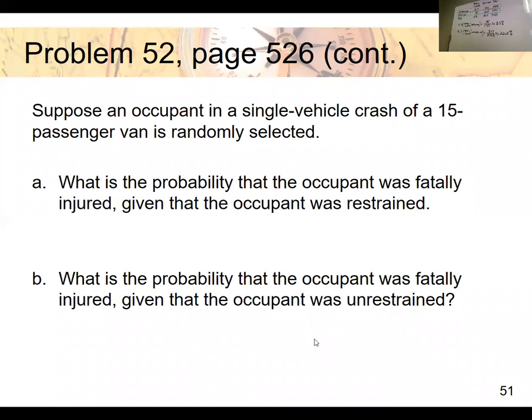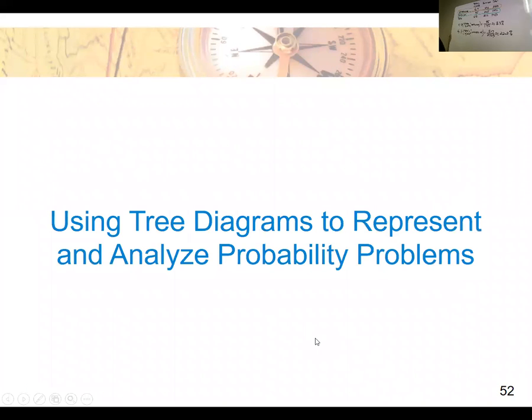The next thing we can look at here is using a tree diagram to represent and analyze probability problems. Sometimes we can use tree diagrams.